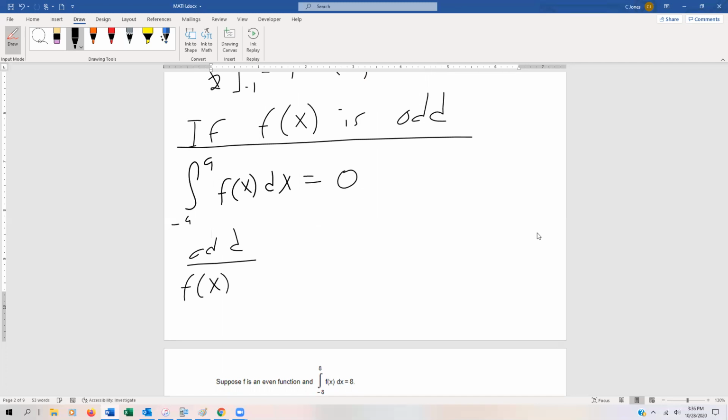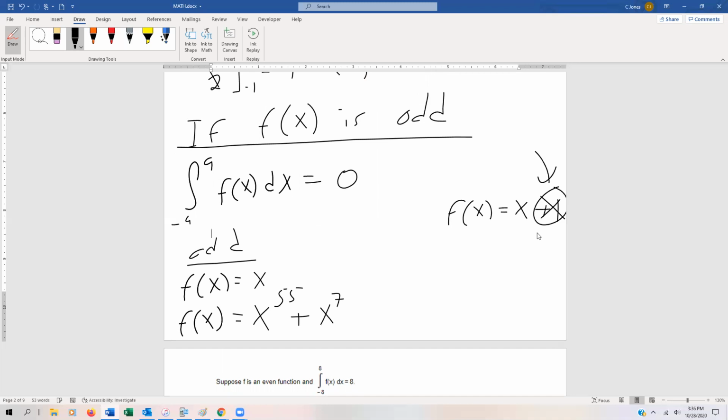As we said before, f of x equals x is an odd function. f of x equals x to the 55th plus x to the 7th is an odd function. This is not an odd function, by the way: if we had f of x equals x plus 1, anytime you have a constant, it automatically makes it not odd. Okay, so you might remember that from pre-calculus.